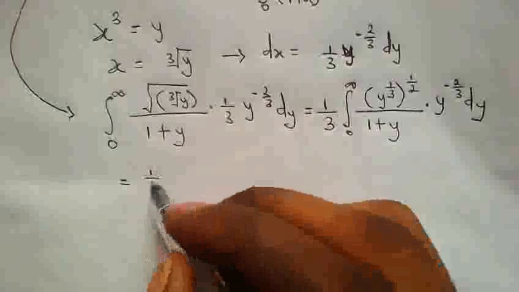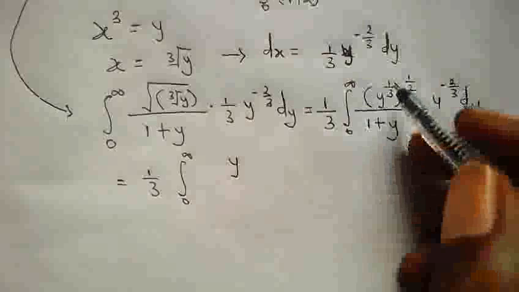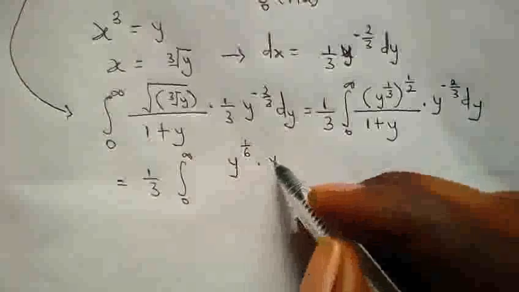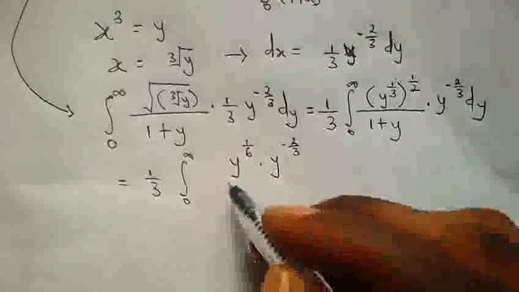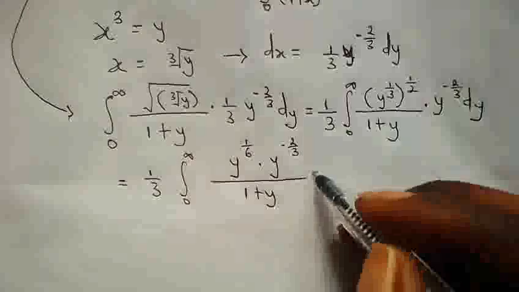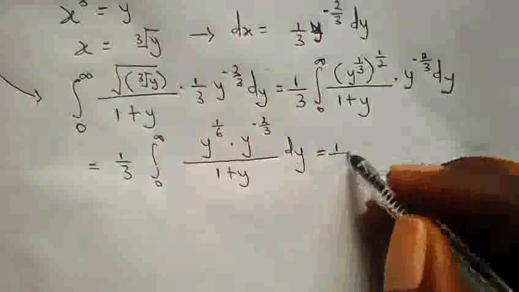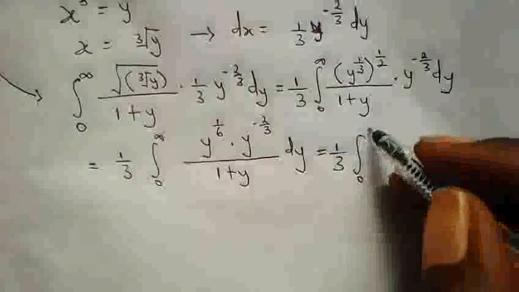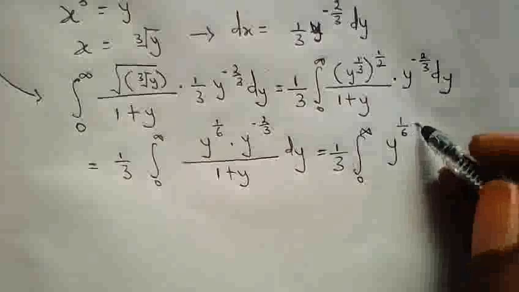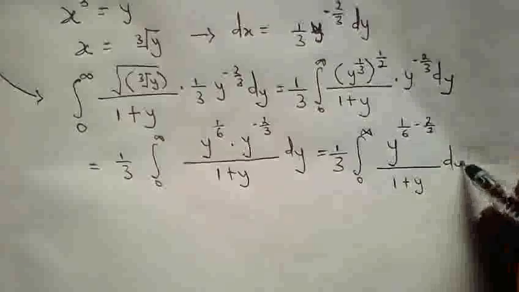So here we have 1 over 3 integral from 0 to infinity. Up there we have y, 1 over 3 times 1 over 2, so we get 1 over 6, times y raised to negative 2 over 3, and down here we have 1 plus y dy. According to the law of indices, 1 over 6 plus negative 2 over 3, all over 1 plus y dy.